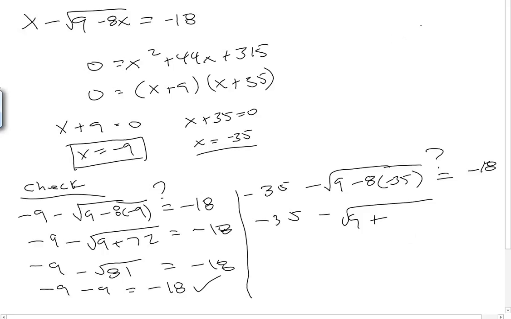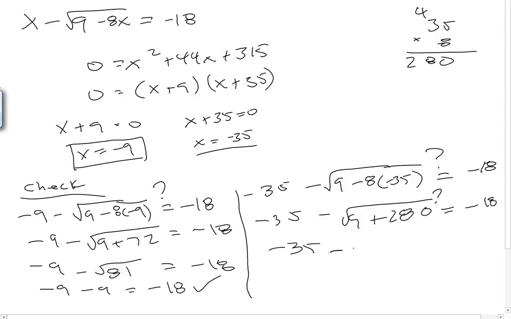Maybe I'll just do it up here. 35 times 8 is 280. And so negative 35 minus the square root of 289, I want to know, does that equal negative 18?